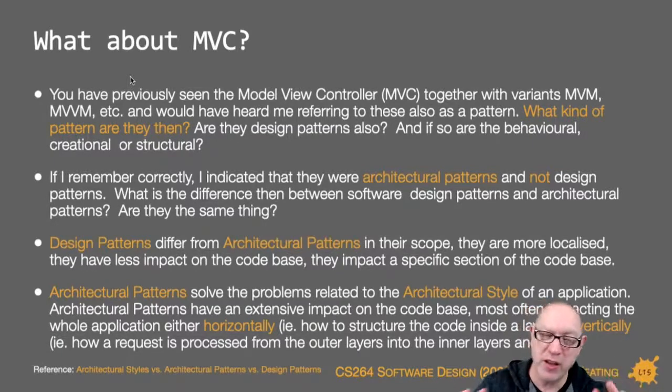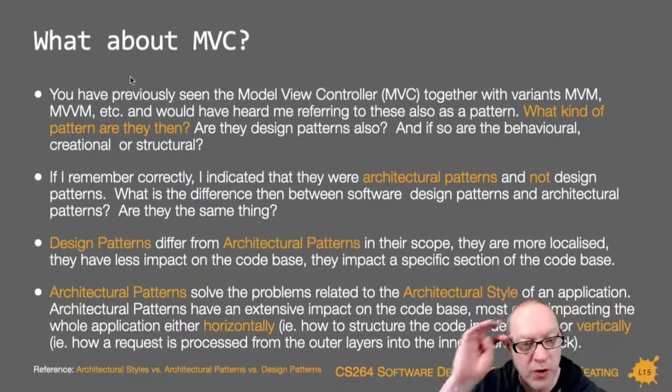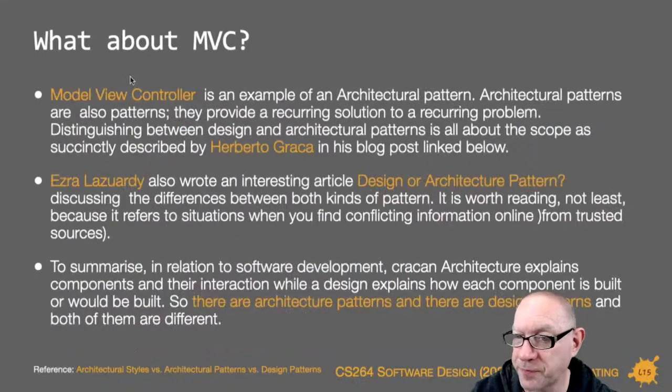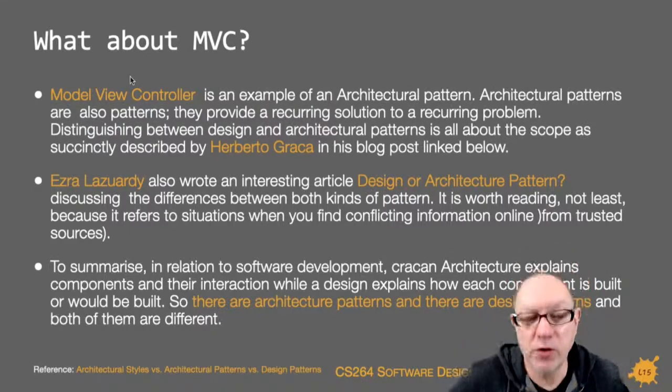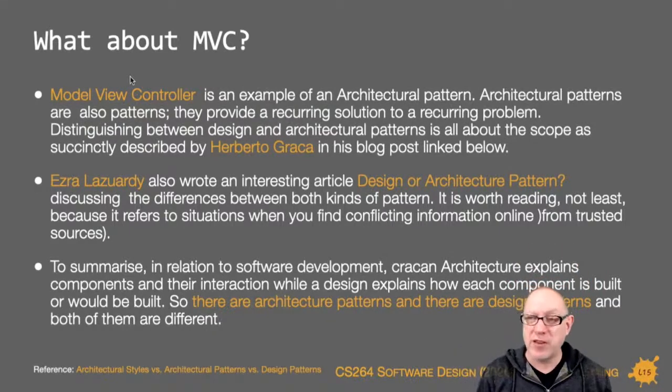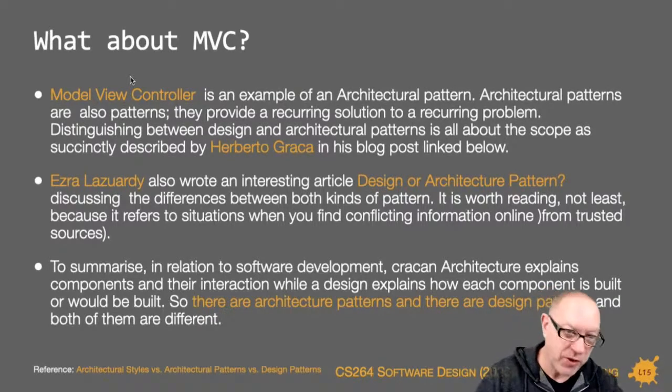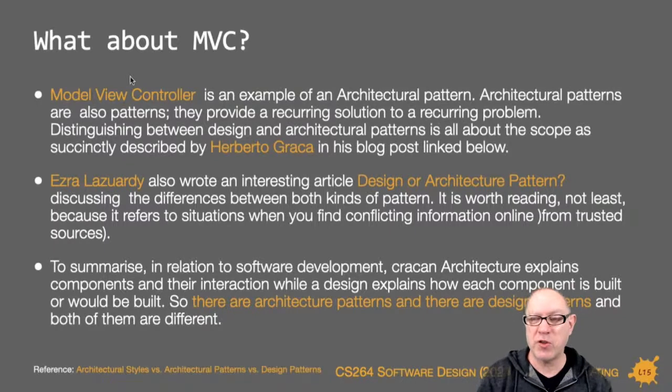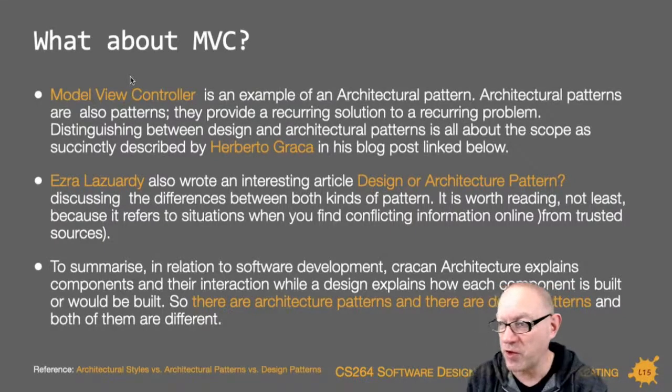They're each an architectural pattern that you use with an architectural style. So Model View Controller is an example of an architectural pattern. They are also patterns. They provide a recurring solution to a recurring problem as well, but it's a bigger issue. So distinguishing between the design and the architectural patterns is all about the scope.